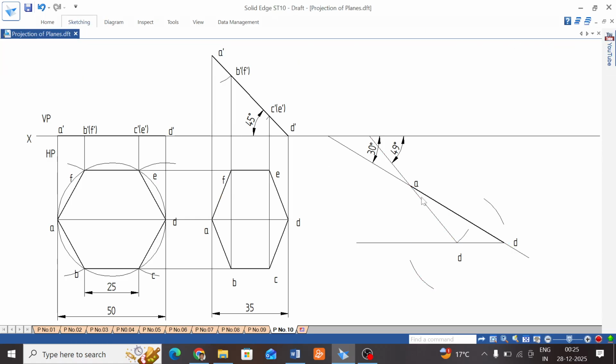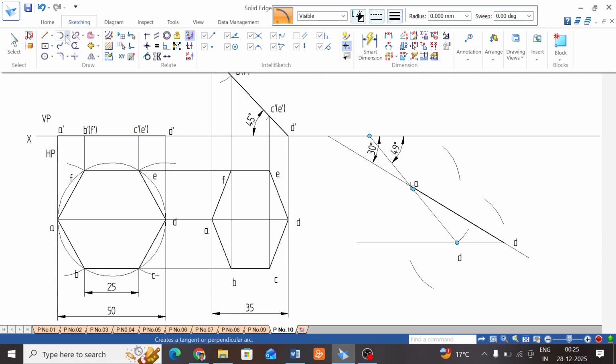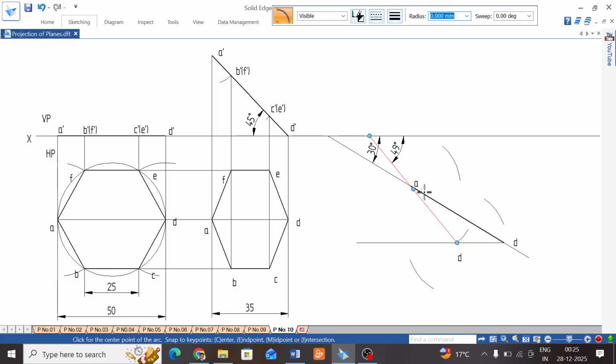Compass 23, one arc. Again A is the center, end point exactly 23, one arc.